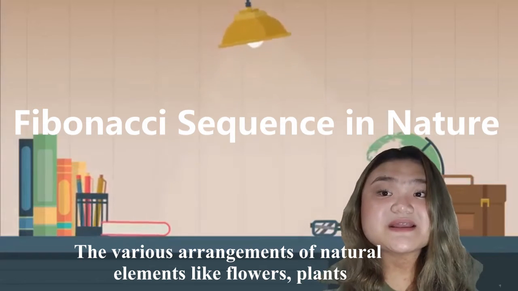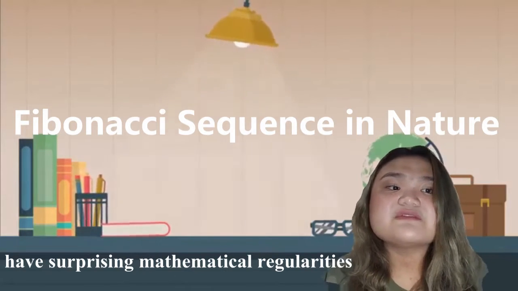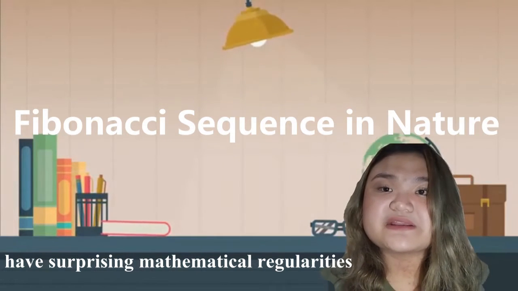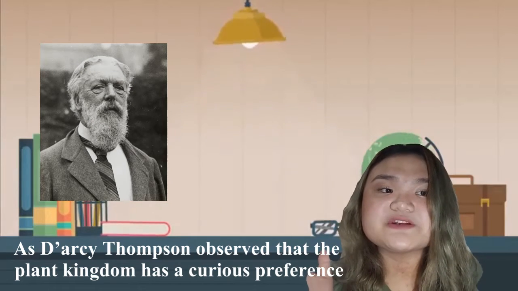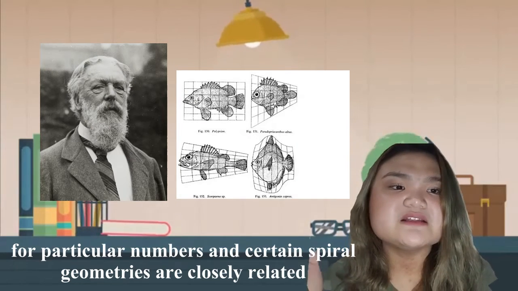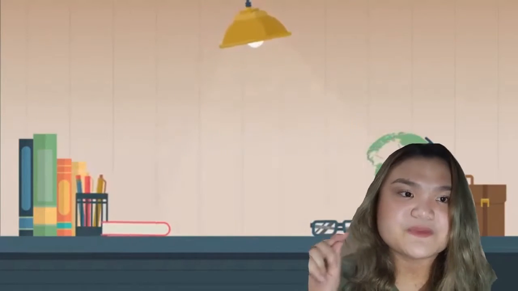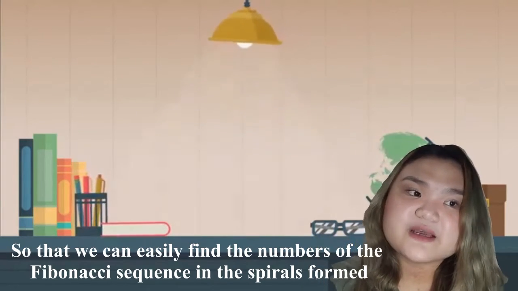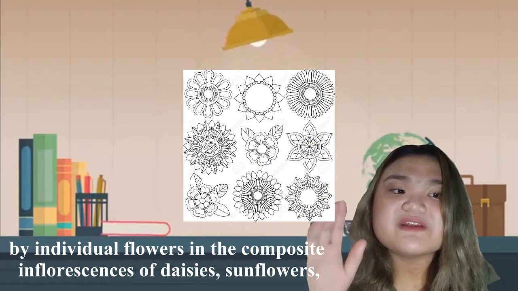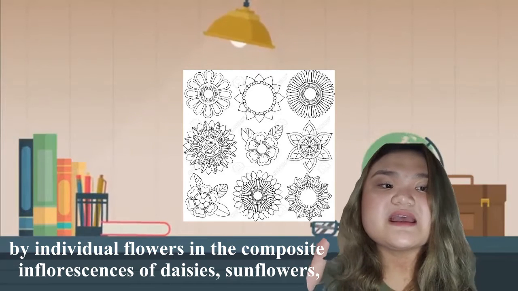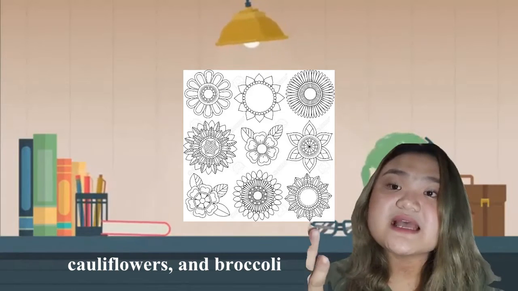The various arrangements of natural elements like flowers and plants have surprising mathematical regularities, as D'Arcy Thompson observed that the plant kingdom has a curious preference for particular numbers and certain spiral geometries are closely related. So we can easily find the numbers of the Fibonacci sequence in the spiral forms of individual flowers in the composite inflorescences of daisies, sunflowers, cauliflowers, and even broccoli.